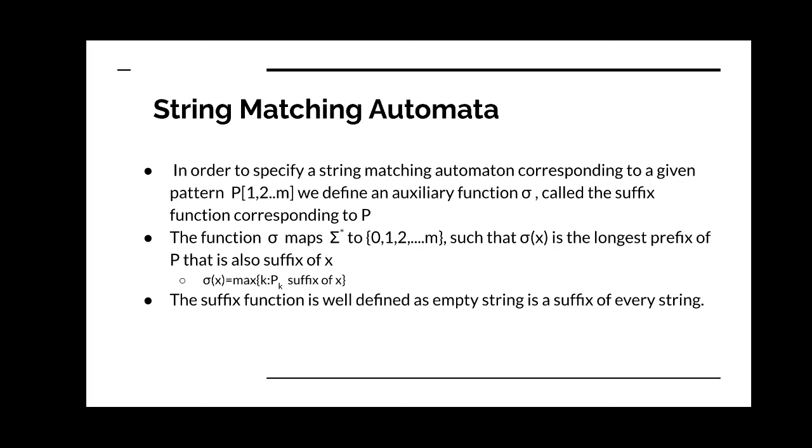The suffix function sigma maps sigma star to a value from 0 to m such that sigma of x is the length of the longest prefix of the pattern P that is also a suffix of x. Mathematically, we define sigma of x as the max of k such that P_k is a suffix of x, where P_k denotes the prefix of the pattern P. The suffix function is well defined as the empty string is a suffix of every string.